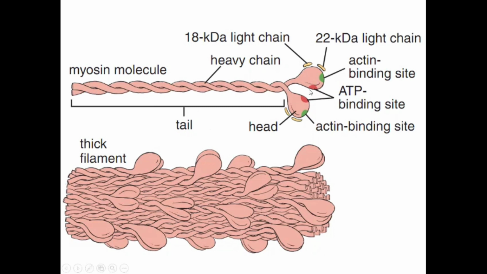The tails of the two heavy chains twist together, and each head has two parts, one part for actin binding, called the actin binding site, and another part for ATP binding. This part also has ATPase activity and can hydrolyze ATP.